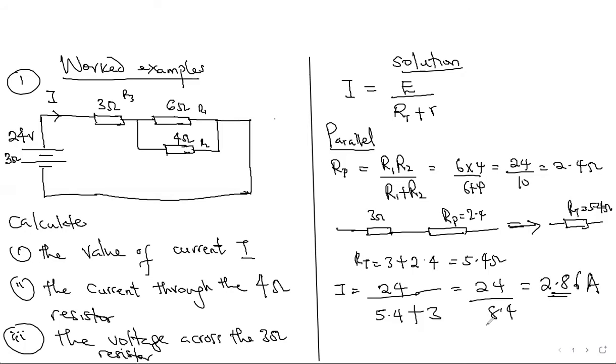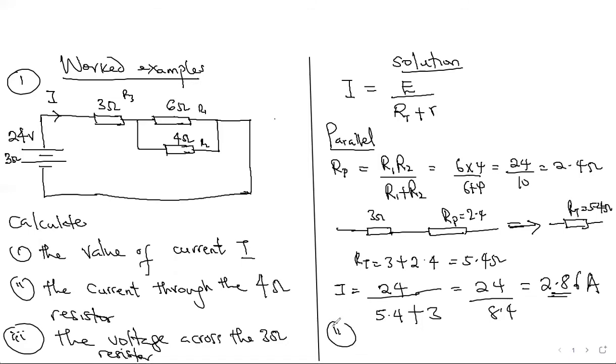The second part says calculate the current through the 4 ohm resistor. To get that, we can use the current divider rule.